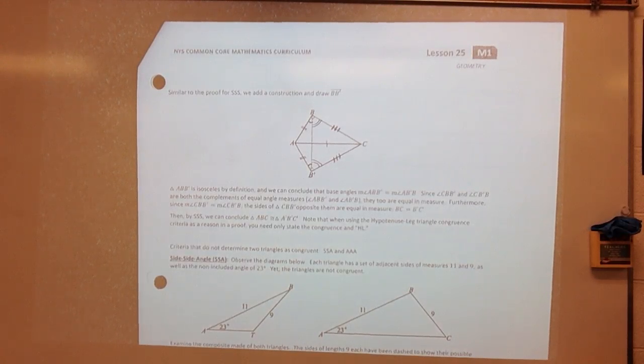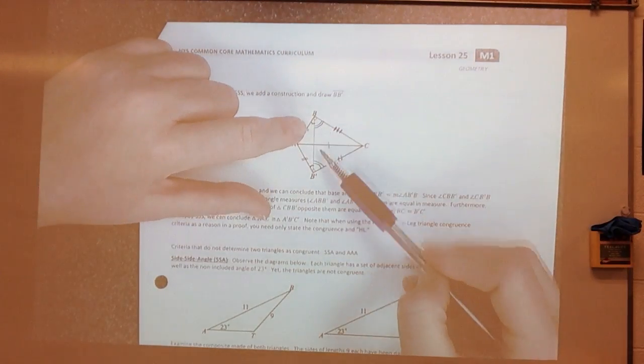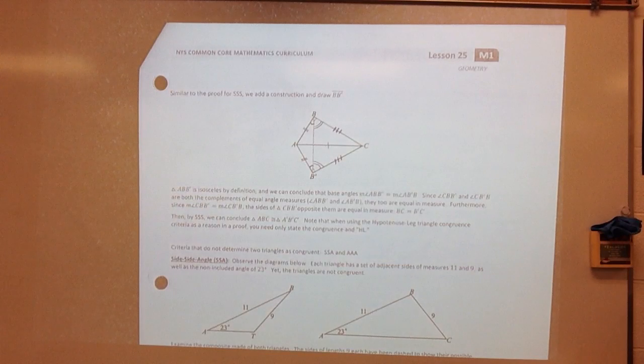Because what do we know about the base angles of an isosceles triangle? We know that they are equal. So if my base angles are equal, then that must mean I have an isosceles triangle.